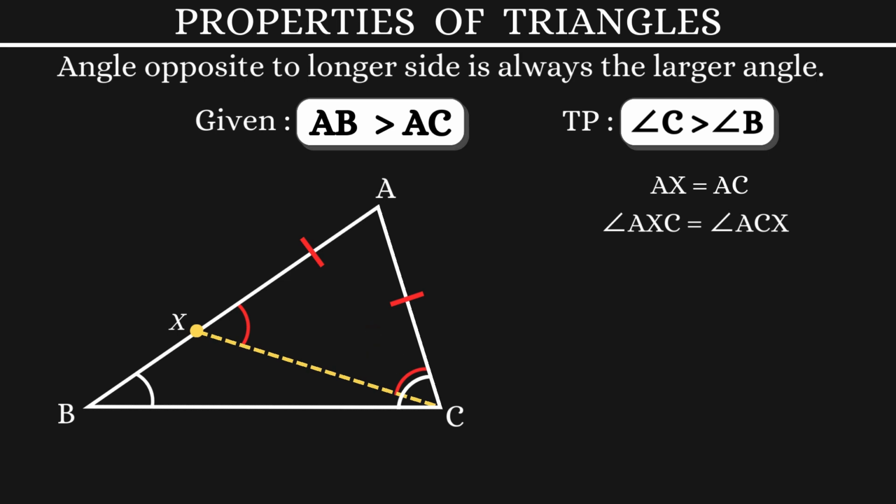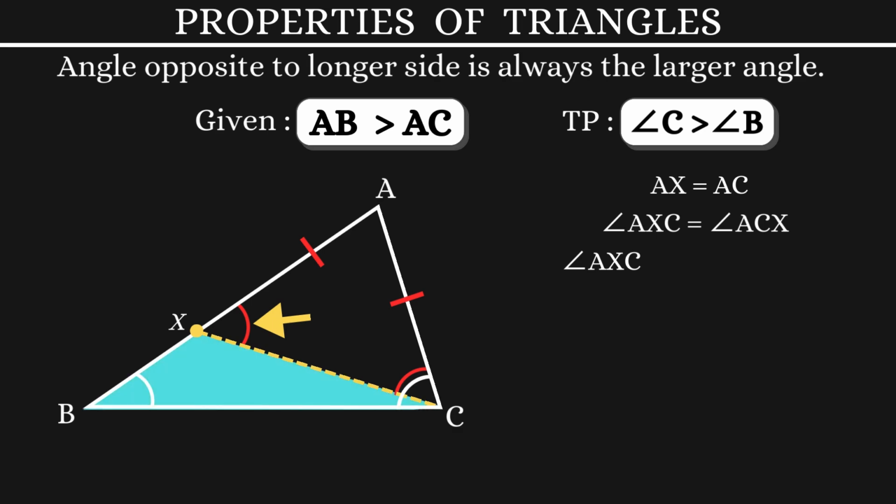Now, this angle AXC is an exterior angle of the triangle XBC. So, this angle can be expressed as the sum of the two opposite interior angles, which is angle B plus angle BCX.